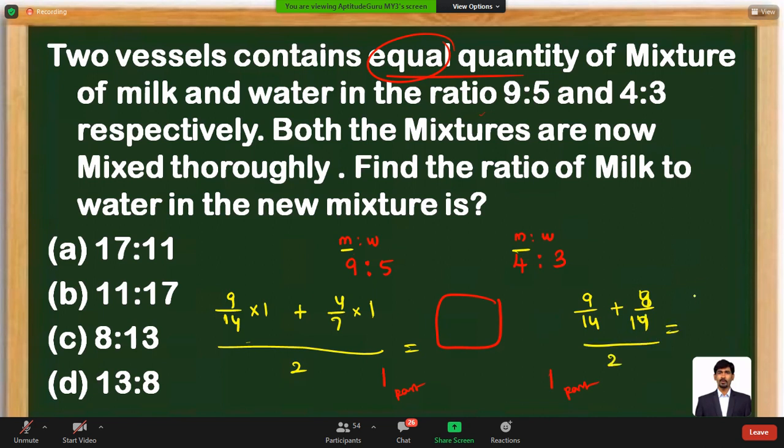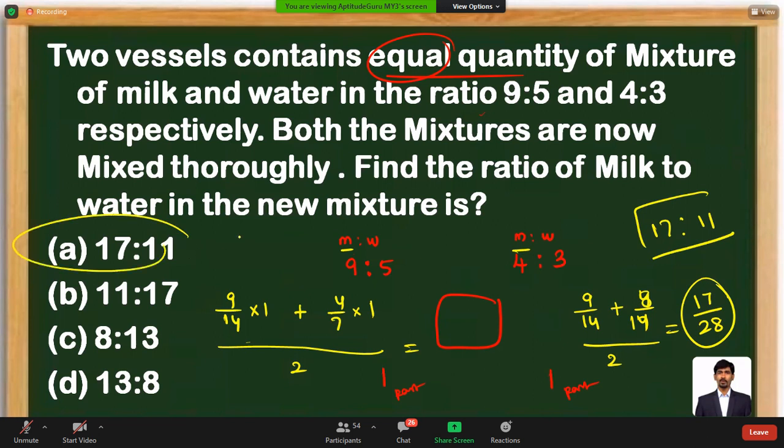So 9 plus 8 is going to be 17/28. That indicates milk is going to be 17. Total is 28, which means the leftover is going to be water. 17:11 should be your answer. Mark it as option A.